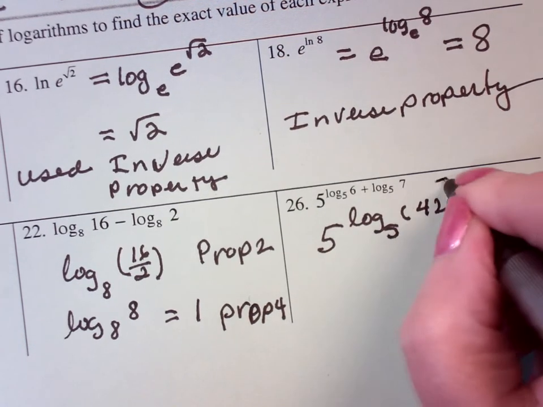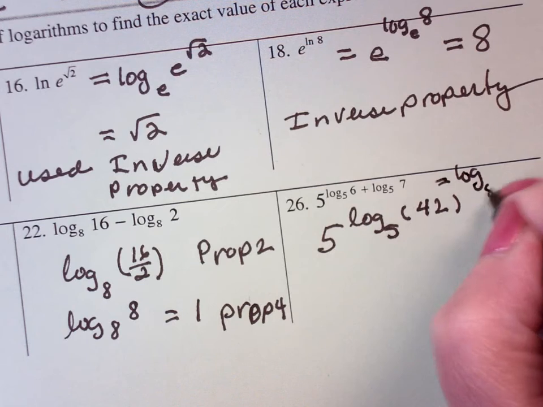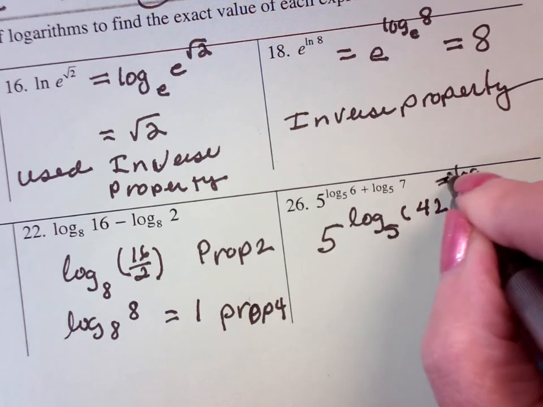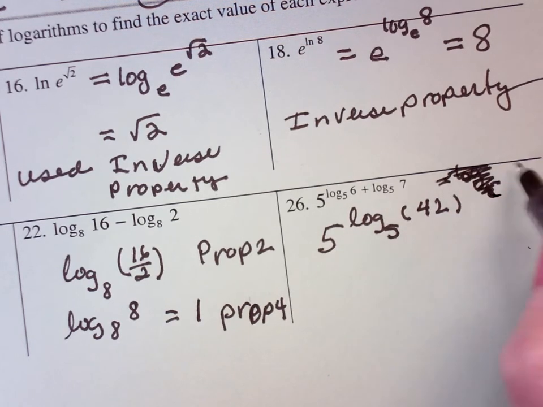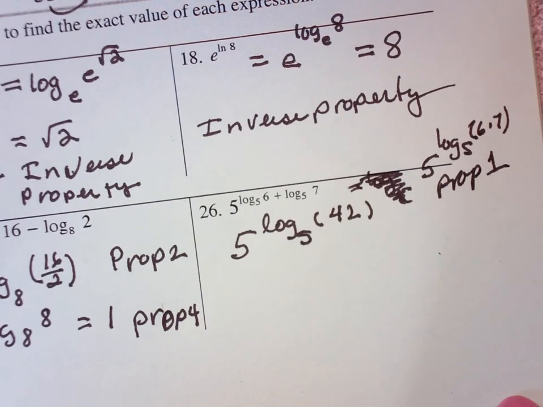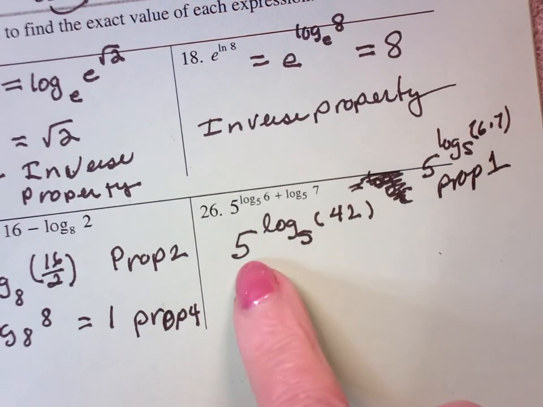That's property 1. Which then turns into log base 5 of 42.